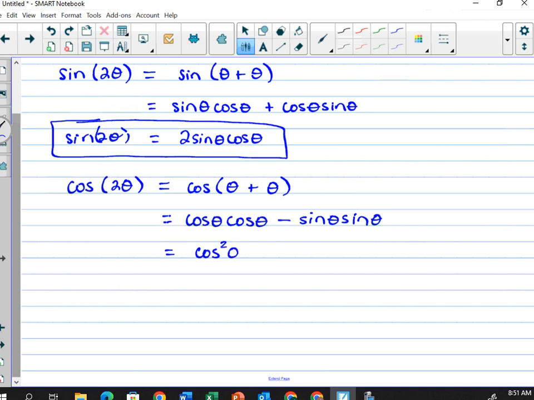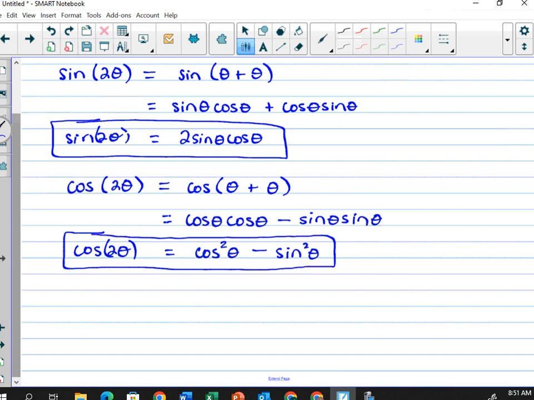It's cosine squared theta minus sine squared theta. It's not just one. If it was plus sine squared theta, it'd be 1. That is your cosine of double angle formula. We okay with that?